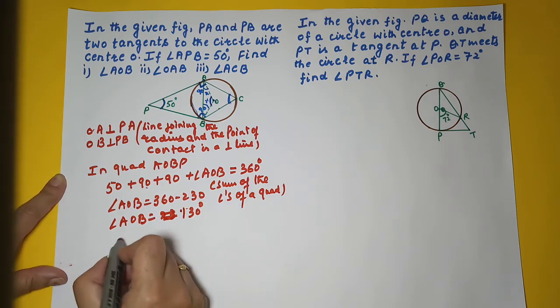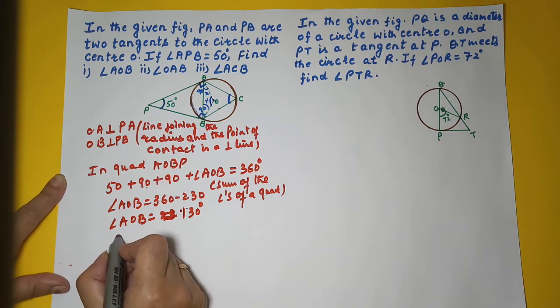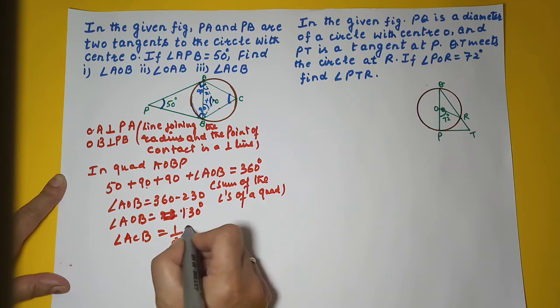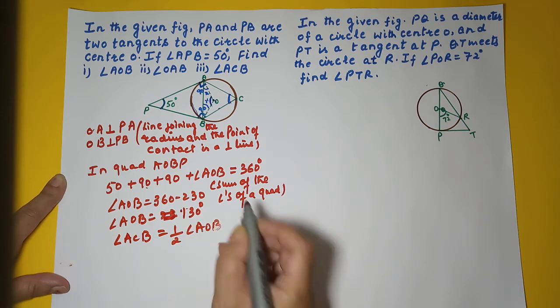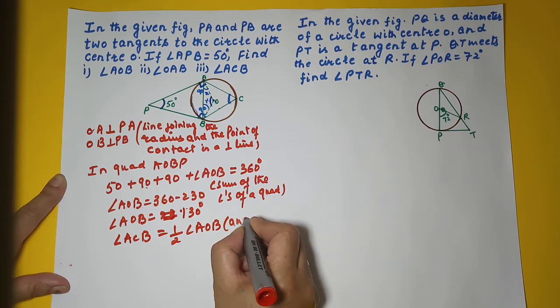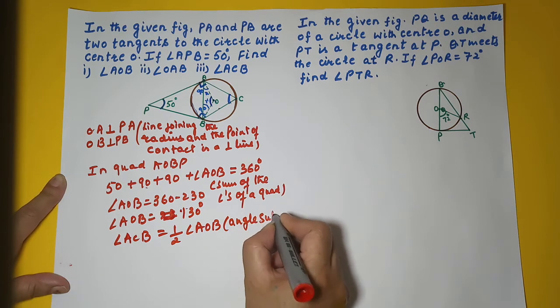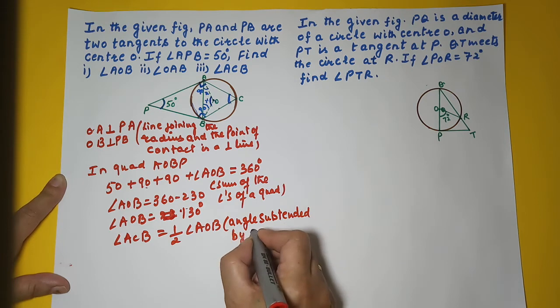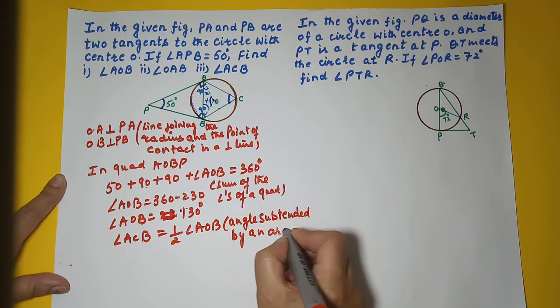Right? Now you can say that angle ACB will be half of angle AOB. Reason? Angle subtended by an arc. Which arc? AB arc.